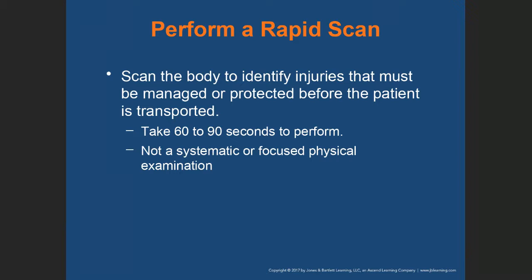So it would be ABCs, rapid scan, and the rapid scan that you do for a medical patient does not only focus on trauma. So you're thinking about trauma and medical problems. So I'm looking for DCAP BTLS, but I'm also looking for signs for medical condition.